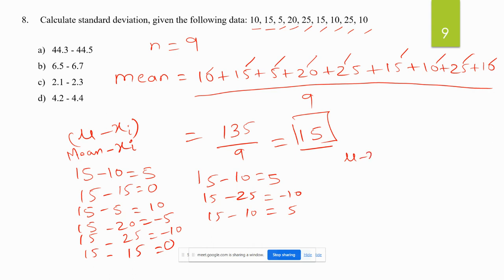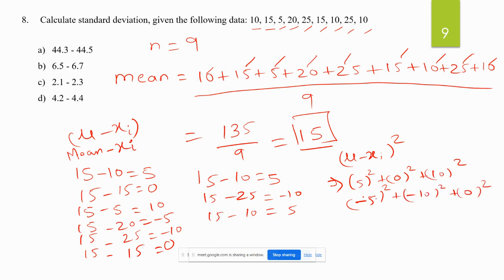Then we have to find mu minus xi whole squared. We get 5 square plus 0 square plus 10 square plus minus 5 square plus minus 10 whole square plus 0 square plus 5 square plus minus 10 square plus 5 square.